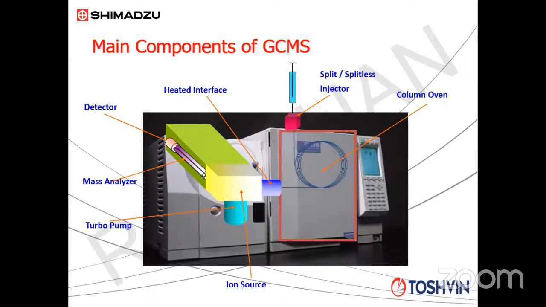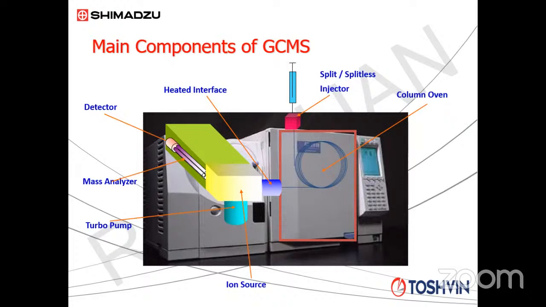Interface is nothing but the connecting bridge between the GC and MS, and that's also heated because when the sample is passing through, if the interface is not heated, there is a possibility that sample vapor may condense. So to avoid that, we are normally heating. So heated interface, and the sample will enter the ion source.